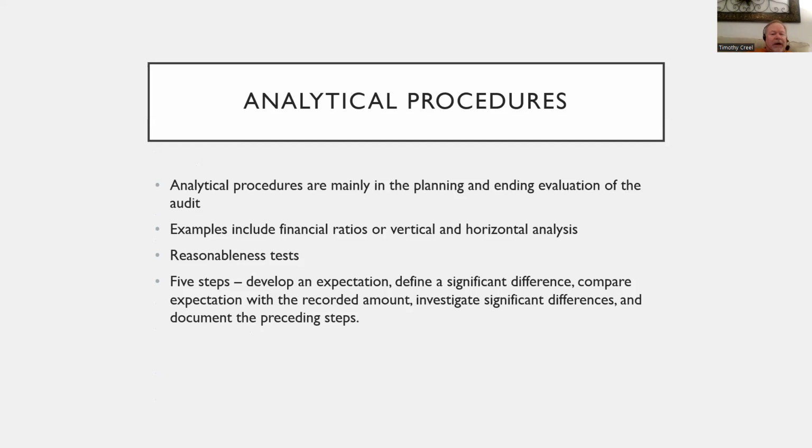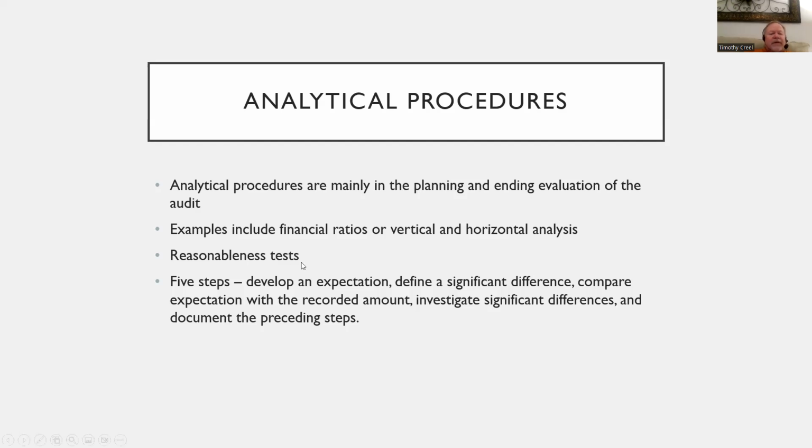Examples include looking at financial ratios from year to year, doing vertical and horizontal analysis, which would be looking at percentage and dollar value increases from year to year, or looking at common size financial statements, which would be like, as far as the income statement, making sales 100% and looking at everything as a percentage of sales, and looking at changes from year to year. How did it change from last year? If there's a big change in one of these areas, that could indicate an area to look at further when doing your audit.